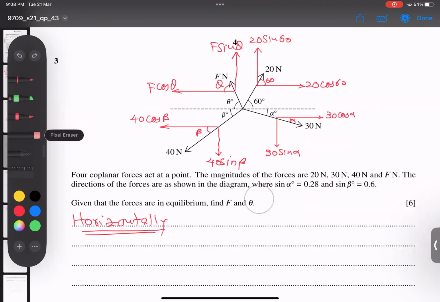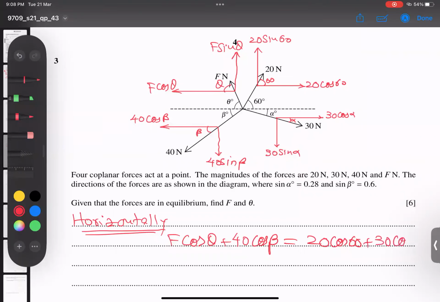Because theta and F are my question marks, theta is involved here, so I start from here, but no matter. I say left side forces equal right side forces. So F cos theta plus 40 cos beta is equal to these two forces: 20 cos 60 plus 30 cos alpha. I believe nothing hard at all.